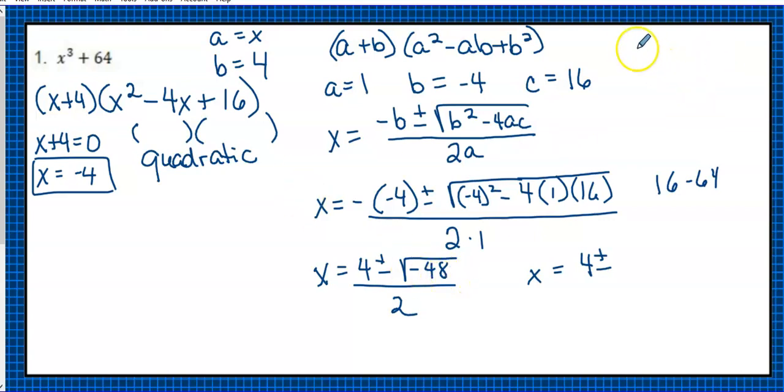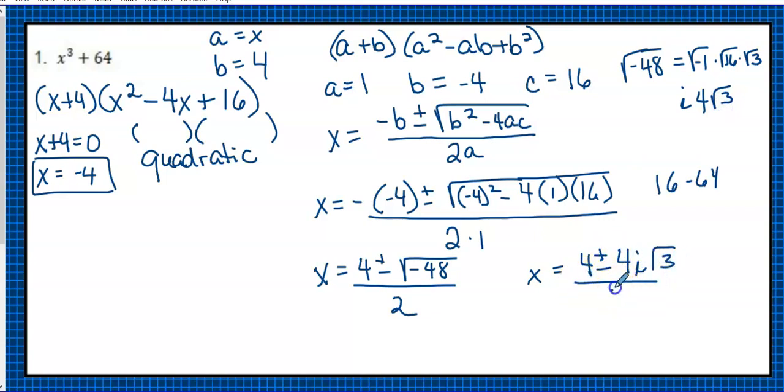So this equals the square root of -1 times the square root of 16 times the square root of 3. So I can pull out an i here, a 4 here, and then leave that root 3. So I'm going to write that 4i root 3, and that's over 2.